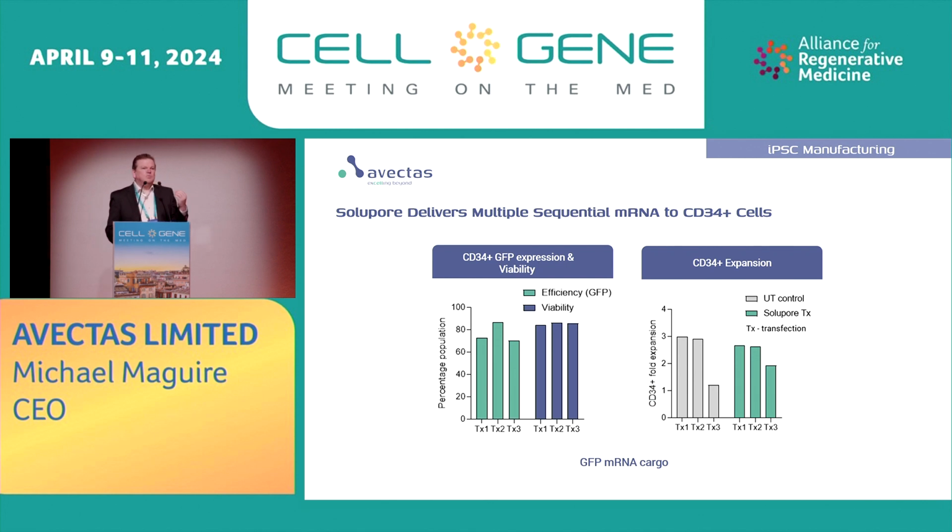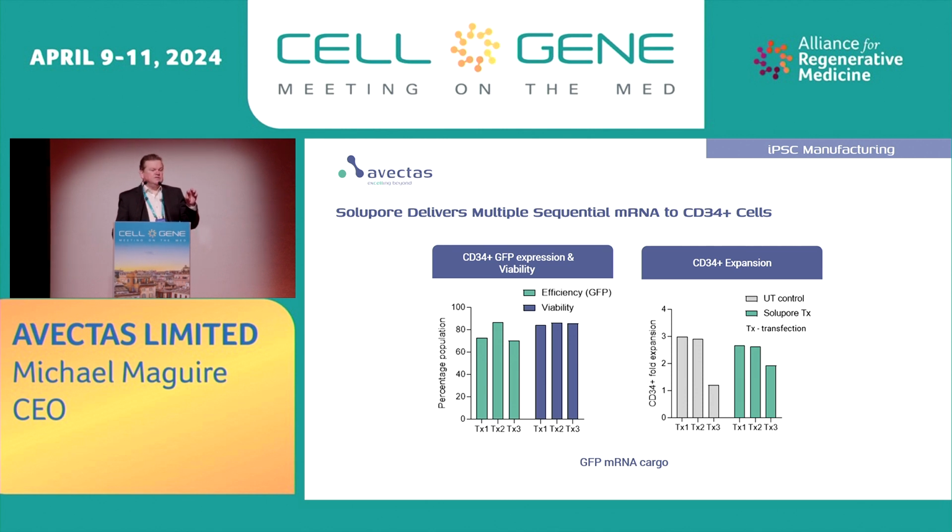So I spoke to a number of applications for using this technology, and the first application I'm going to speak to is iPSC manufacture. In this data here, we're looking at the enabling technology for reprogramming of iPSCs, and specifically transient reprogramming, where we're not using Sendai virus, for instance.